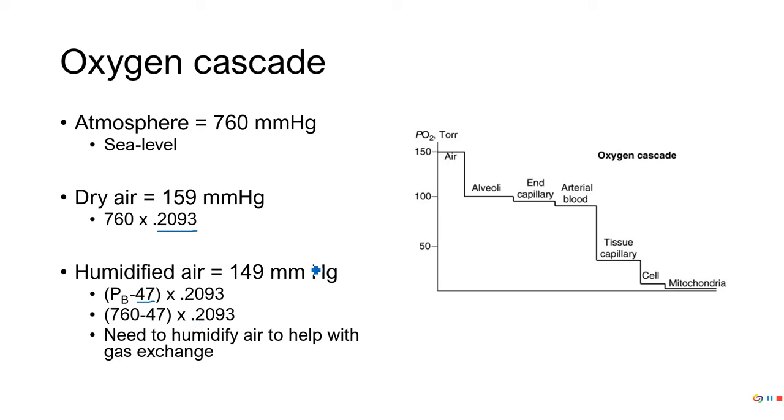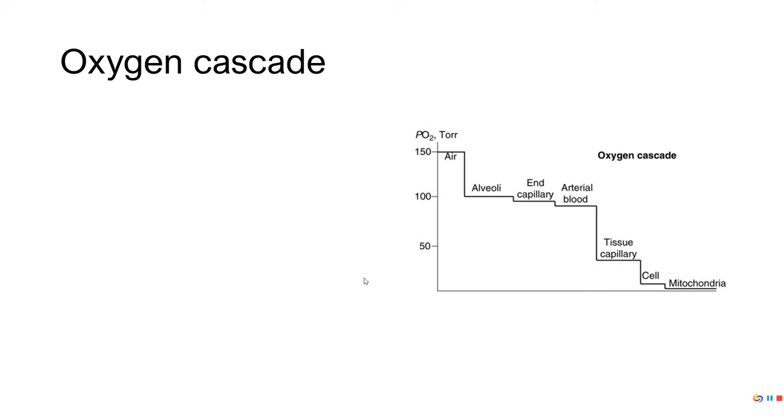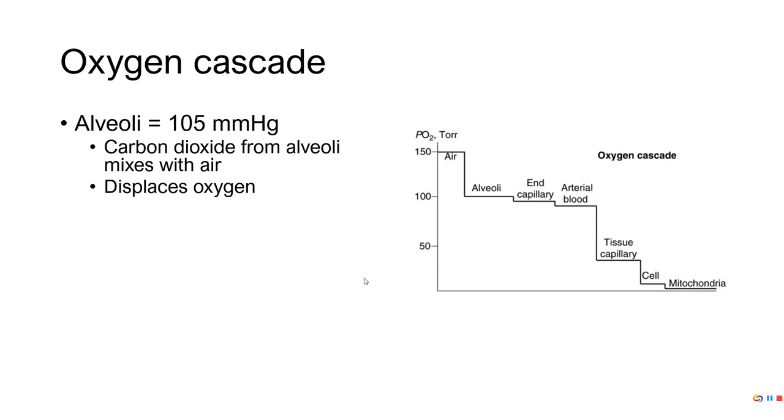And so now that 159 that's in the atmosphere drops to about 149 inside of our alveoli. Okay, but wait, there's more. By the time it gets from our airways into our alveoli, carbon dioxide mixes with the alveolar air and it displaces oxygen. And so we get down from about 149 to about 105.